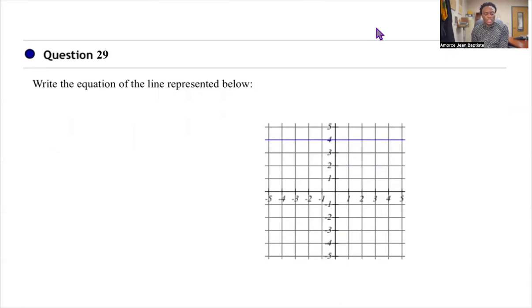For number 29, they give me this graph, and they want me to find the equation of the line. Well, you can see there's no intersection with the x-axis. It's a linear equation, but there's no intersection with the x-axis. That means this line obviously is horizontal.